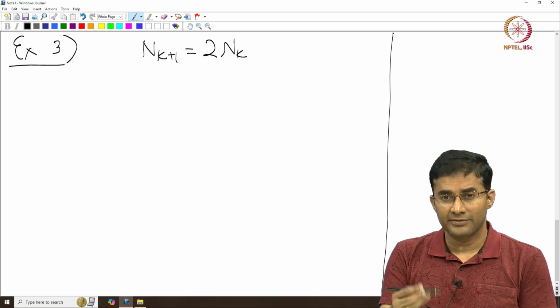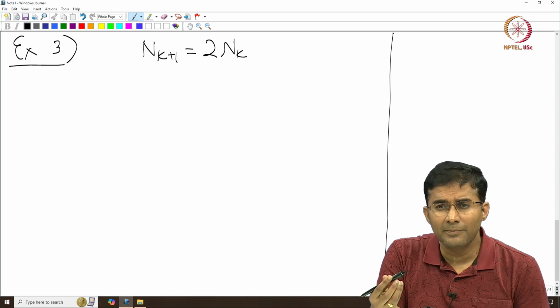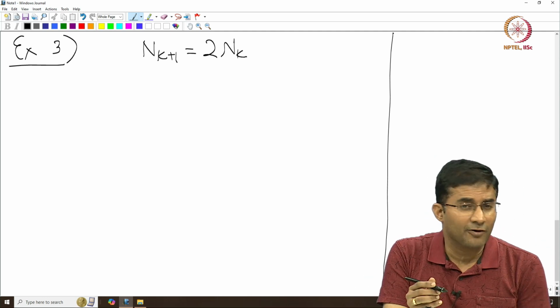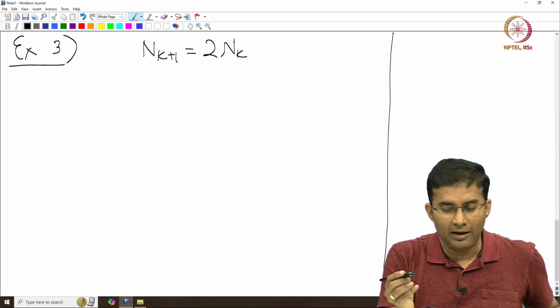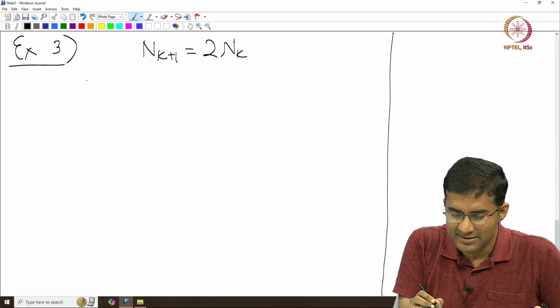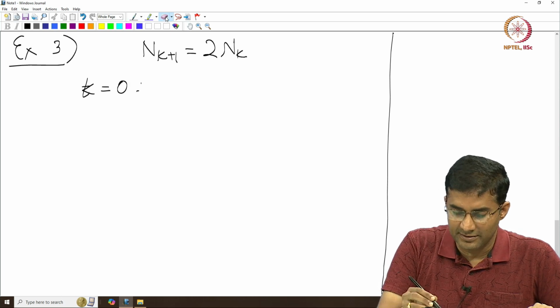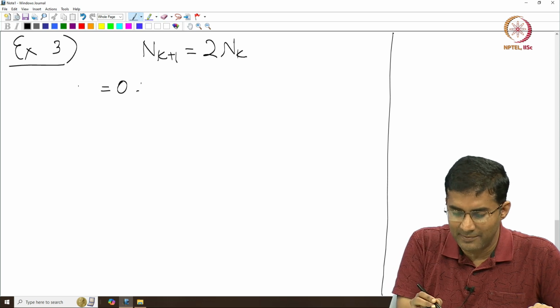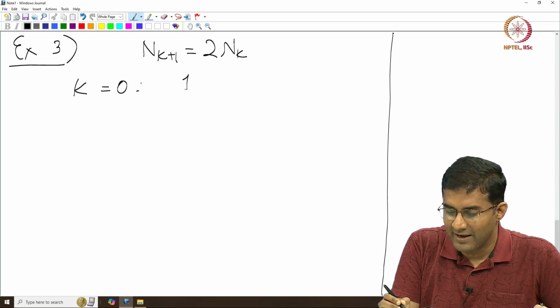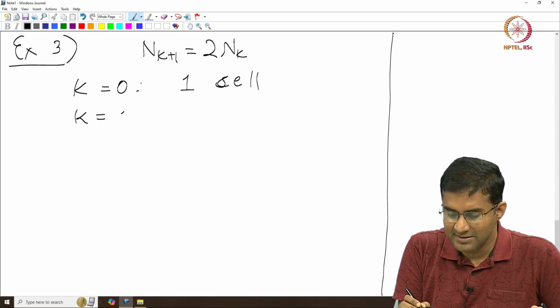So, now let us apply this formula with some reasonable numbers. For example, if you think of many cellular systems, let us think of a hypothetical scenario where I start at k is equal to 0, at the beginning of, let us say, an experiment that somebody is conducting. Let us say we had 1 cell. Okay. So, what happens at the next instance?